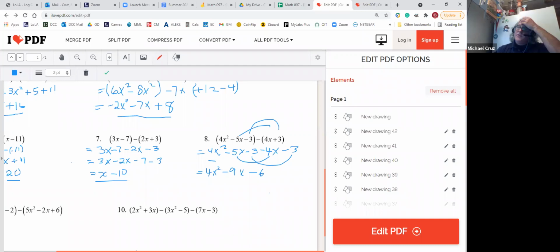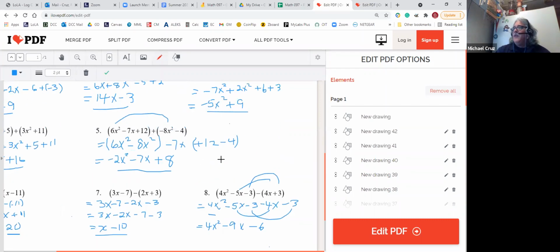All right, any last questions about that one? Anything else we want to get straight before we move on? Like I said, all of these from 6 on are subtraction. So that's why that sign is changing on the right. There's a distribution of this to all of the terms in there.